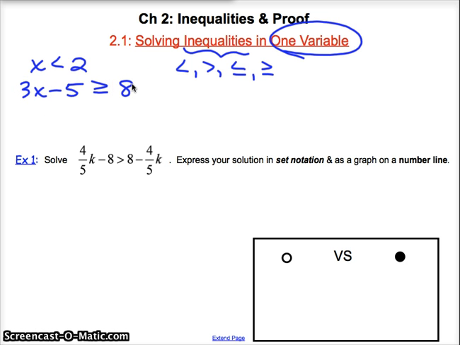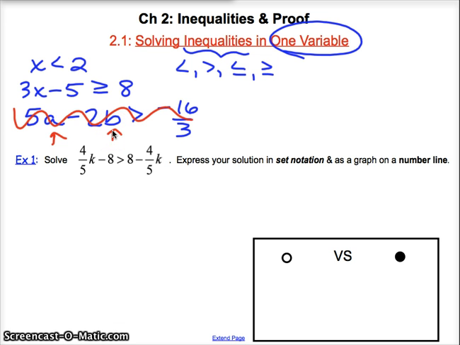Right? And you can exchange x for different variables, different letters as well. You could have 5a minus 2b is greater than negative 16/3. You could have this in math, but for the purpose of section 2.1, we're not going to worry about the multiple variables here. We're sticking with one variable.